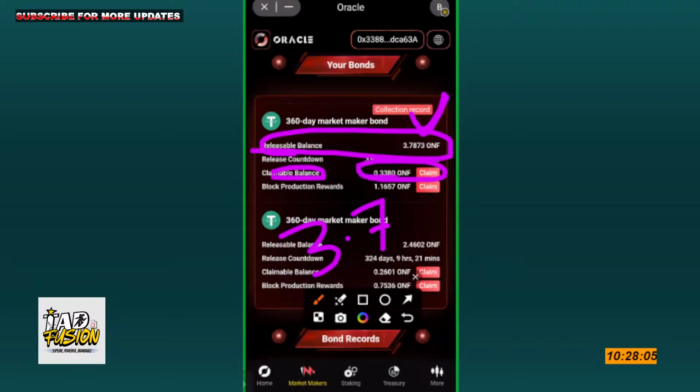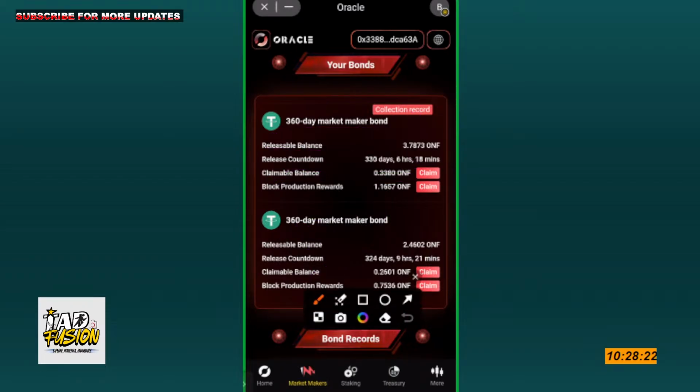They reduce to come here because I told you claimable balance is your capital. And these tokens that they gave you here are worth your capital.